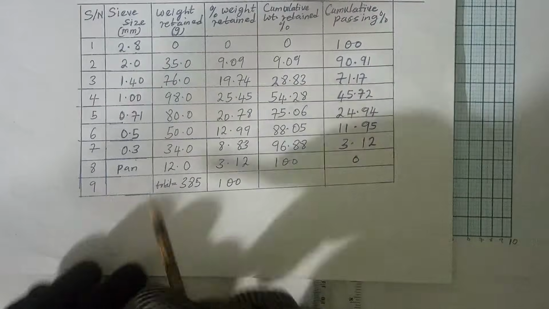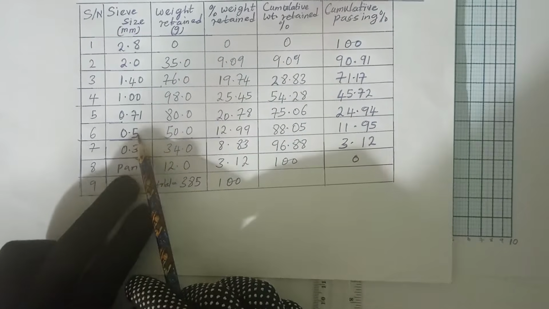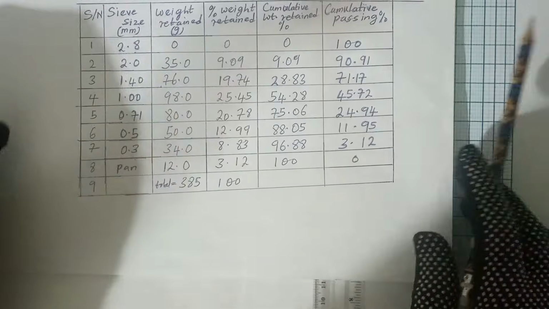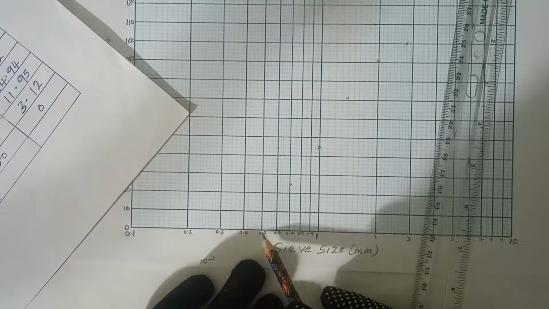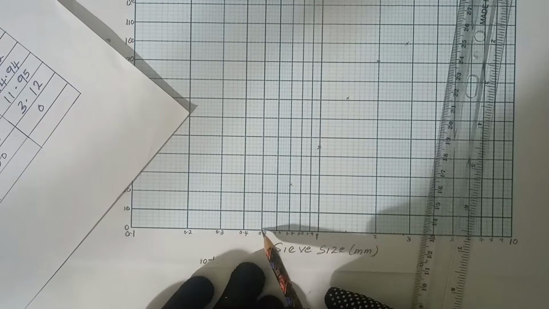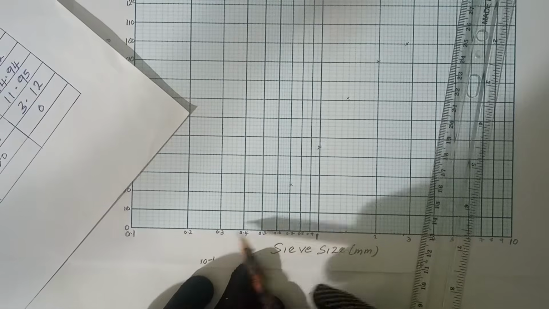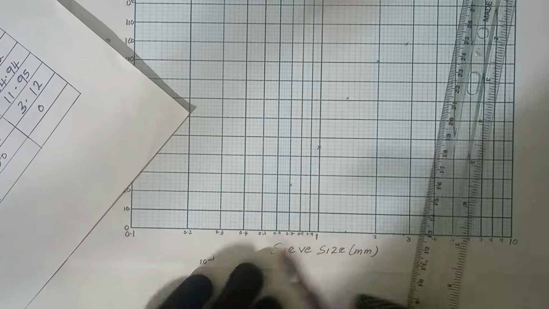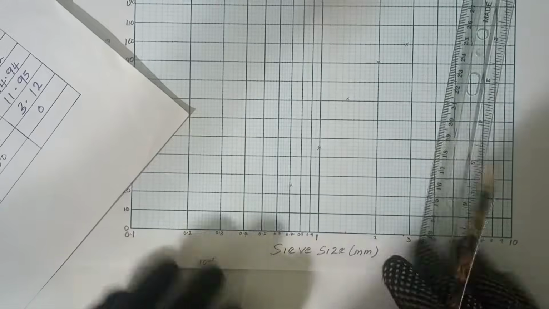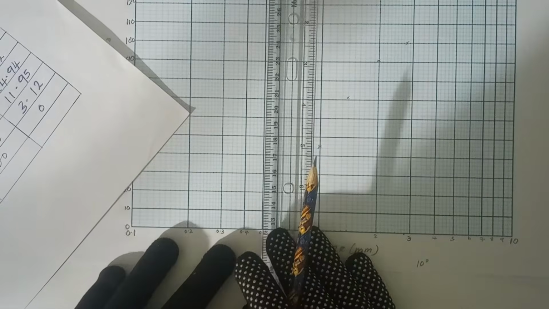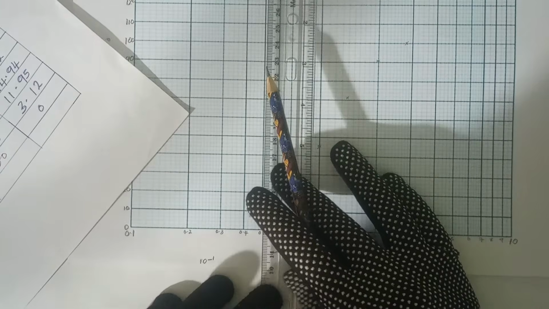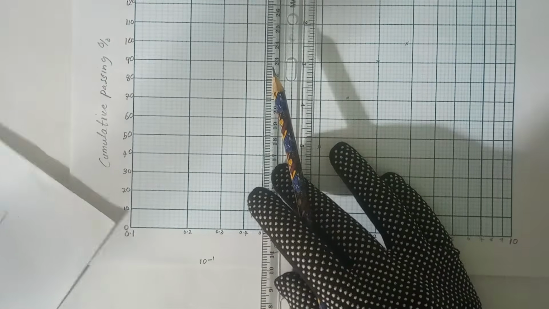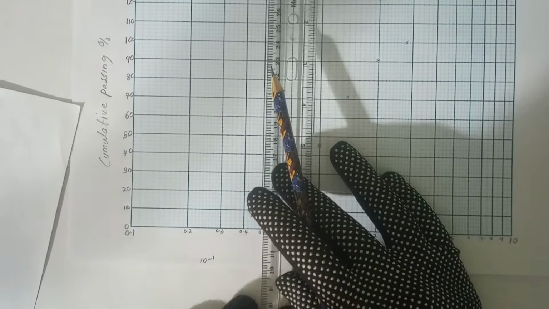Next, we're going to plot 0.5 x-axis against 11.95. So here is 0.5. This is 0.1, 0.2, 0.3, 0.4, 0.5. So 0.5 against 11.95.